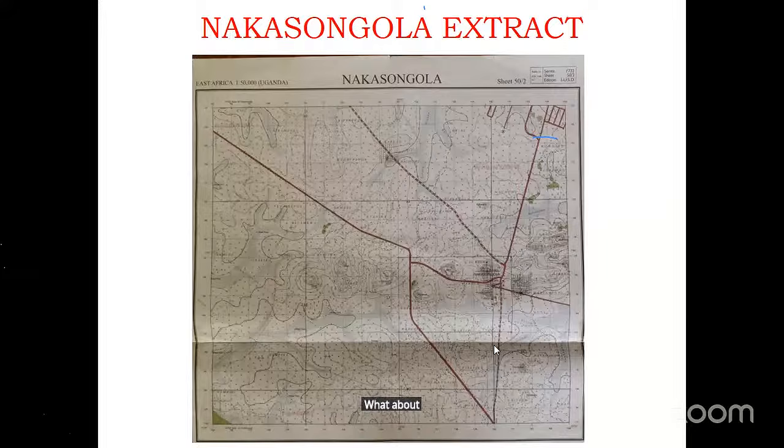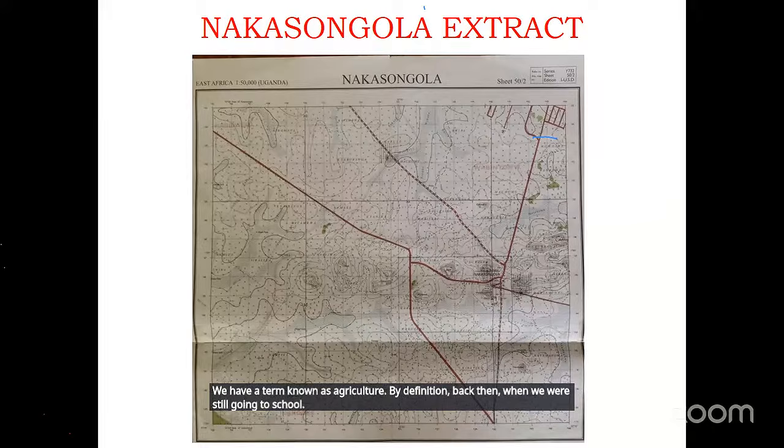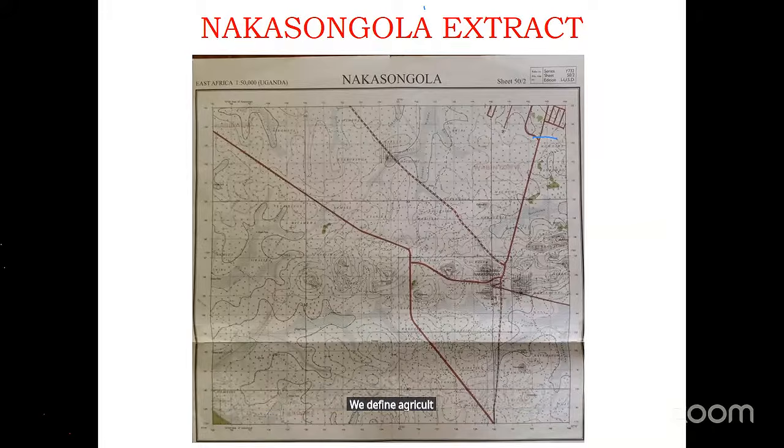What about the economic activities? So we draw a difference between economic activities and land uses. We have a term known as agriculture. By definition, back then when we were still going to school, we defined agriculture as the art and science of growing crops and rearing of livestock for either subsistence or commercial use.